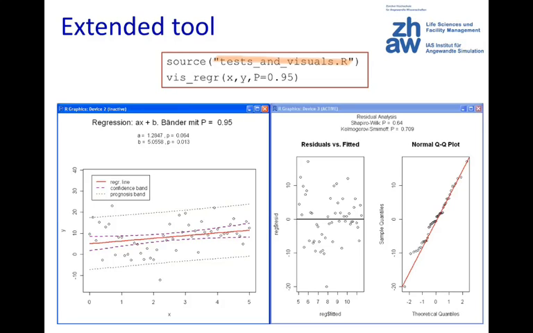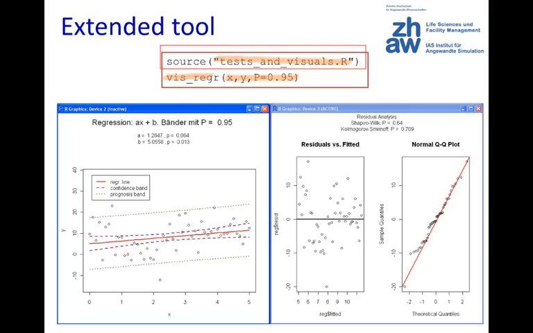For regression, we have a function visualize regression, x, y, and you can give a p-value. Observe the source command. You need to have that file tests and visuals in the folder in which you are working or in which R is set, and then you can just load all the available functions in there with the command source.